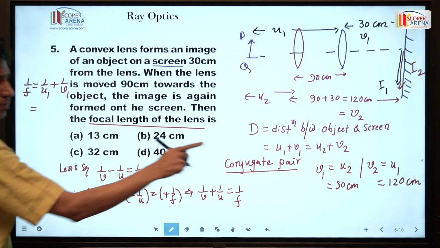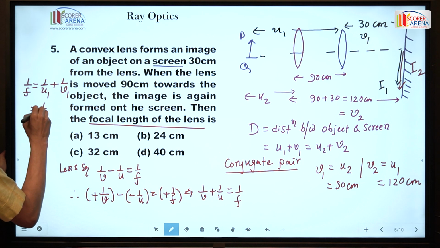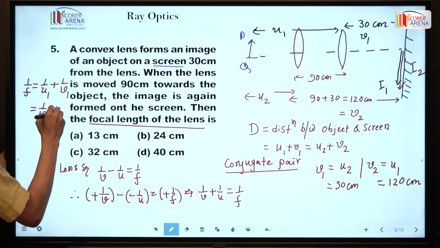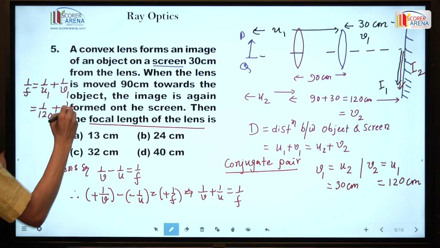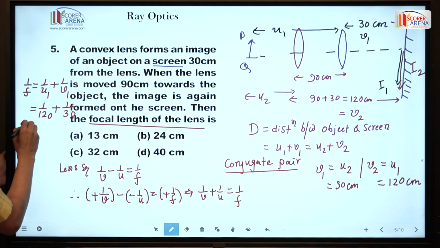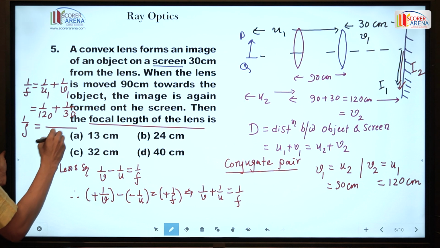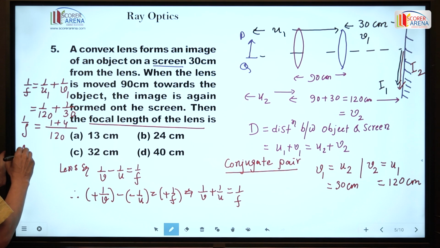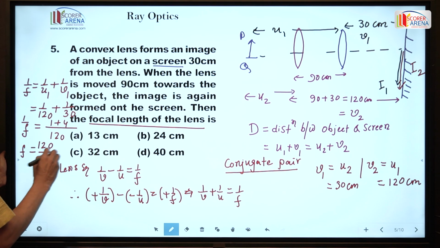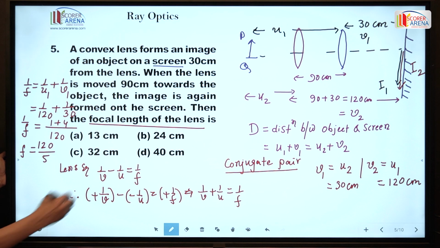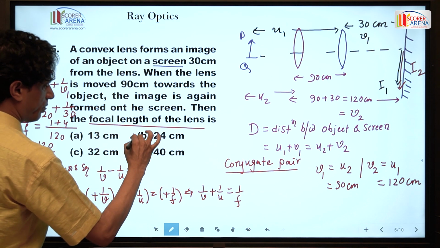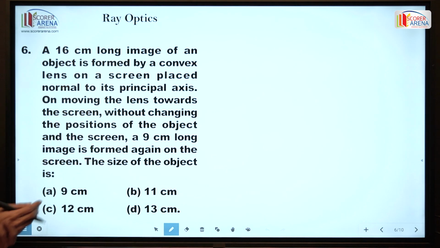Here 1 by U1 is equal to 1 by 120 and 1 by V1 is 1 by 30. So 1 by F is equal to (1 plus 4) by 120. So F is equal to 120 by 5. So the right option here is 24 centimeter. That is the focal length of the lens, 24 centimeter.